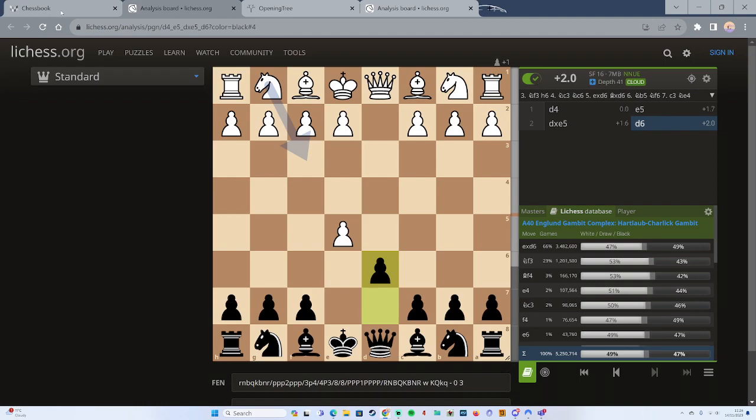So there's basically two moves here. And the move which most people play is actually good for me. So that's what makes this opening potentially viable.